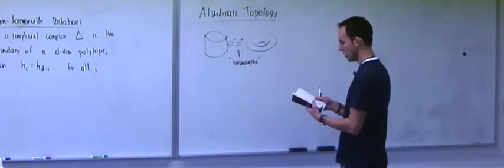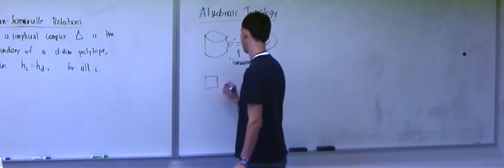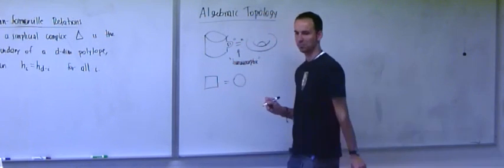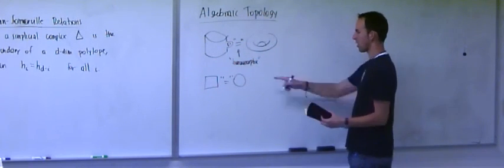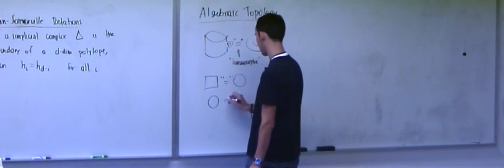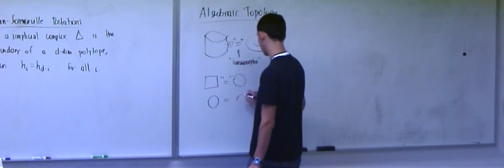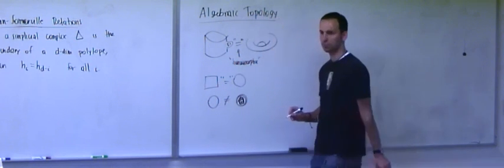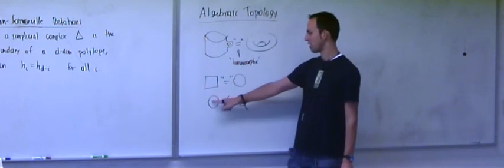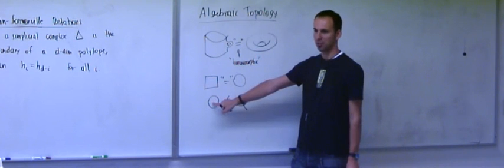So, for example, a square is equal to a circle, topologically. Or a coffee cup is equal to a donut. But, for example, a circle is not equal to a disk. When I draw it like this, it's empty, so there's a hole in the middle.